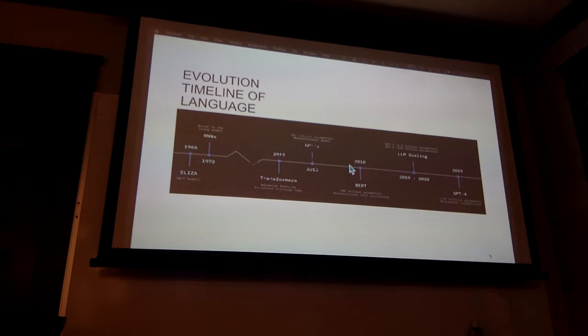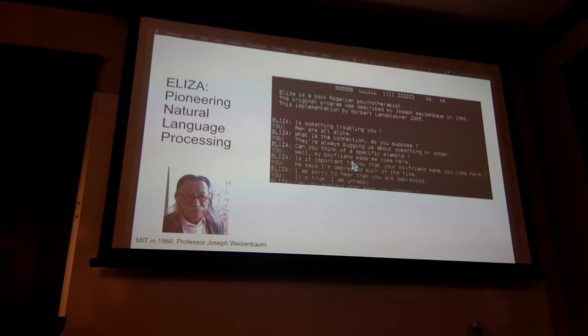Let me take you through another aspect of this first and come back to that. We started with rules-based ELIZA, where Professor Joseph Weizenbaum from MIT wrote, I think it was on an IBM mainframe computer, the psychotherapist.